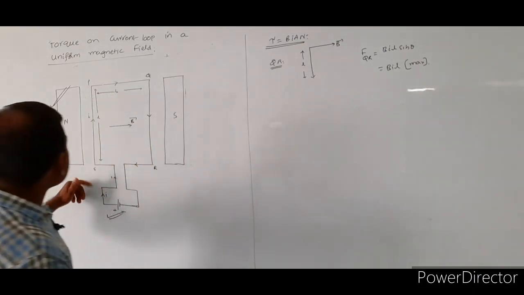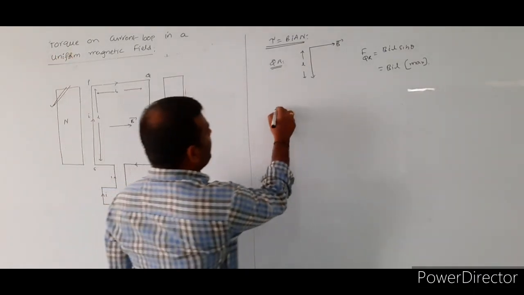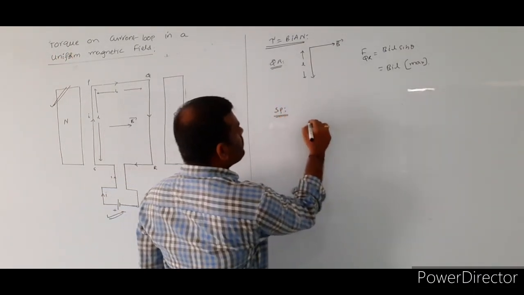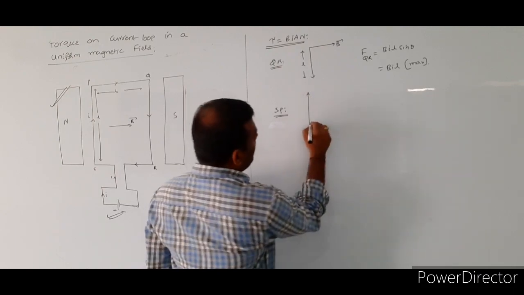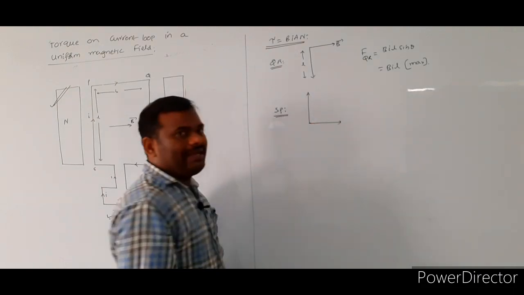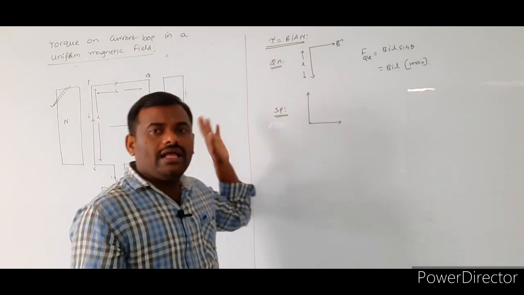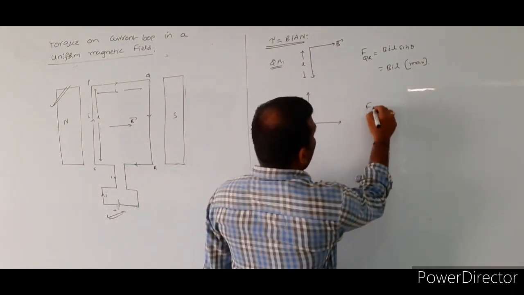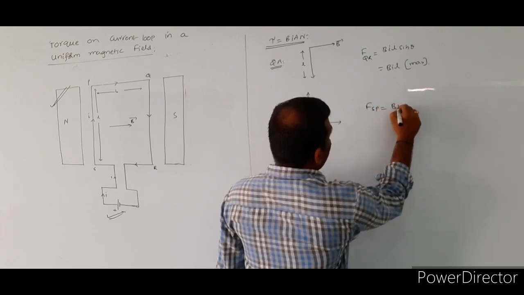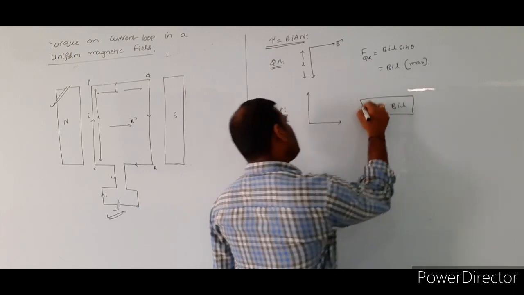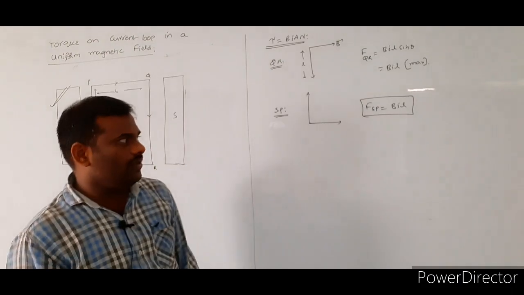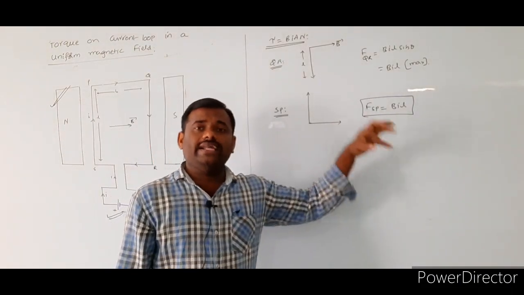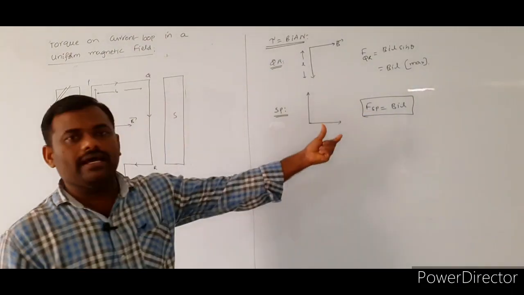Similarly, the side SP. For this also, the length will be in this direction, and the direction of the magnetic field will be in this direction. So for this also we write the force experienced by the side SP is equal to BIL also, right?